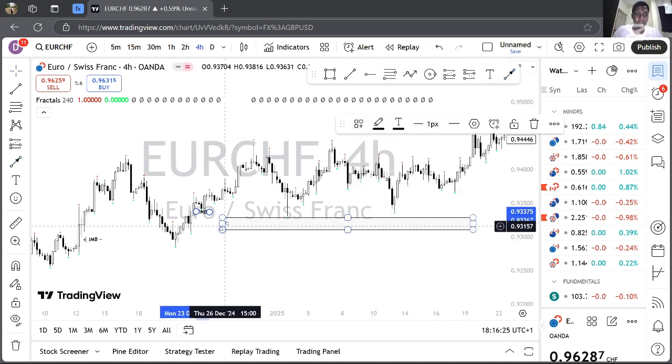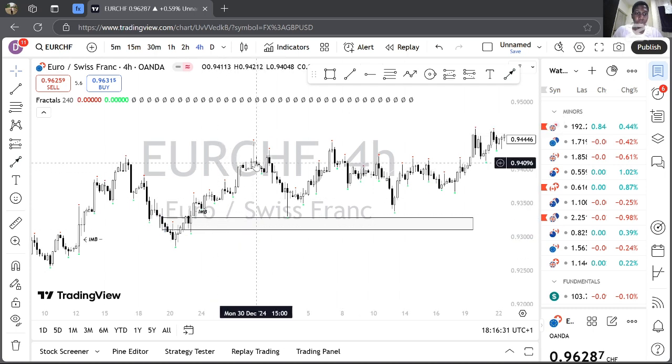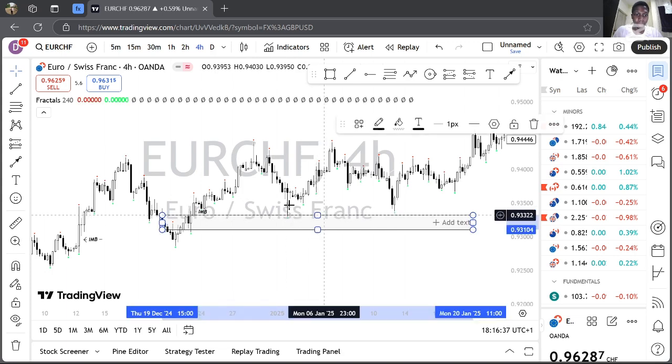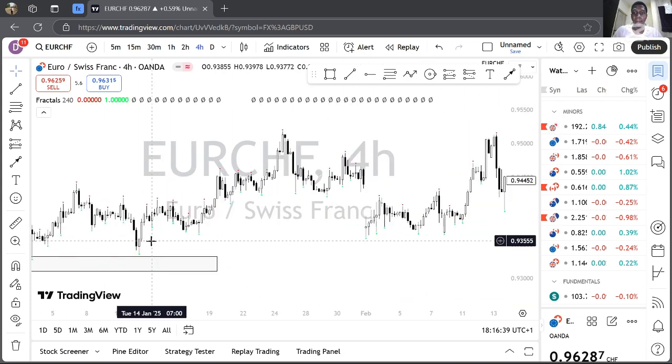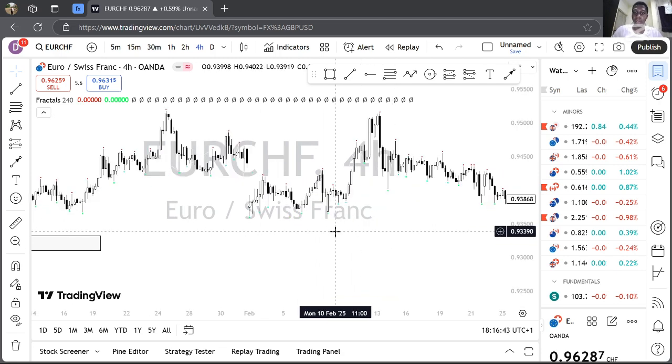Remember, this imbalance acts as a magnet that pulls price close to it. See, price went up, came down to retest the demand zone here, boom, it went back up. So this repeats itself all over the market, and all we have to do is capitalize on it.